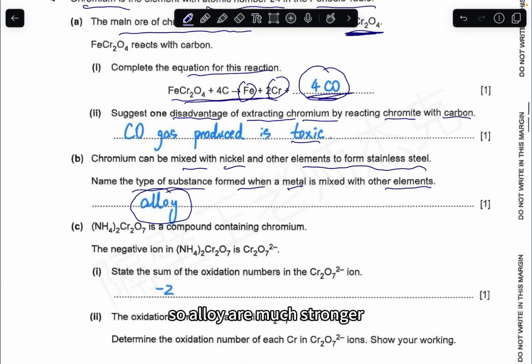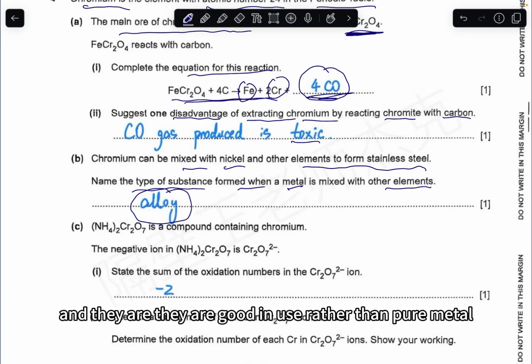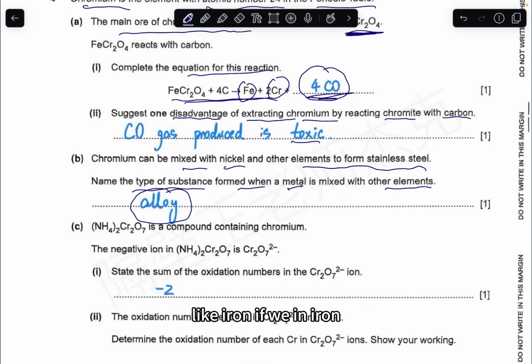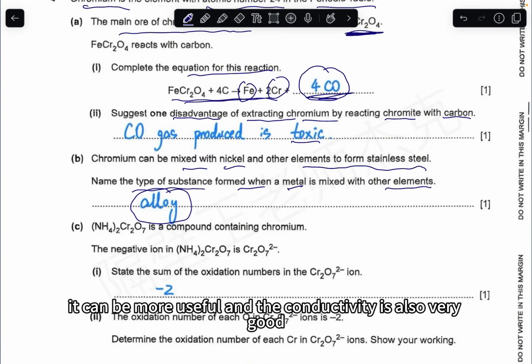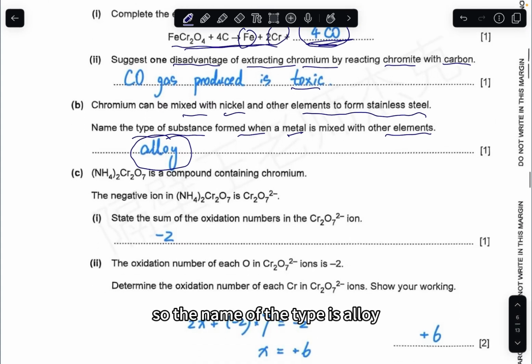Alloys are much stronger, and they are better to use than a pure metal like iron. If we add more carbon, it can be more useful, and the conductivity is also very good. So the name of the type is alloy.